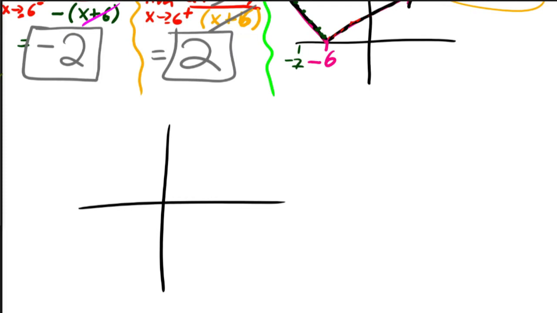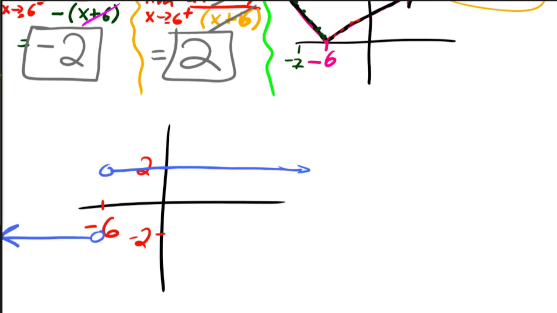If this is negative 6, as you come in from the right, let's say this is 2 and this is negative 2. As you come in from the right, this is going to be a horizontal line with a hole there, and then this one's going to be another horizontal line at negative 2 with a hole right there as well. And that's it.